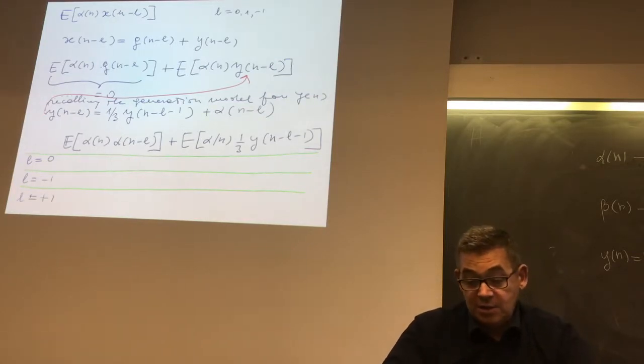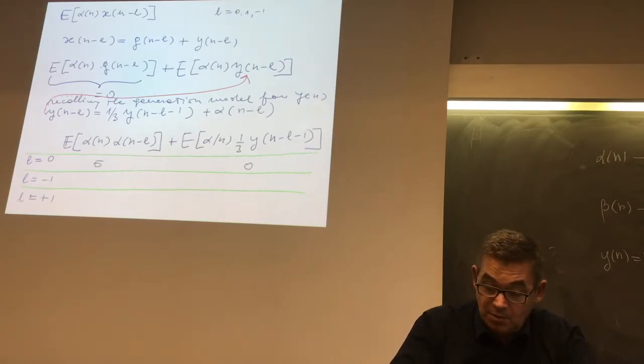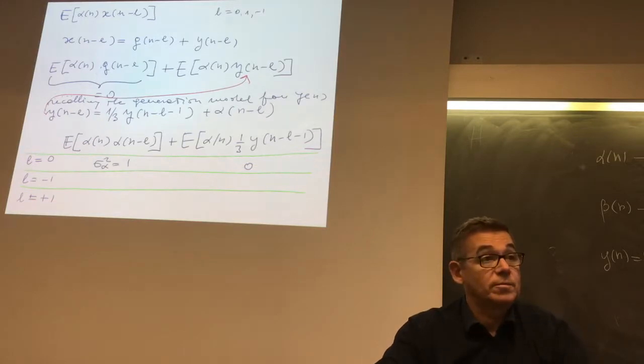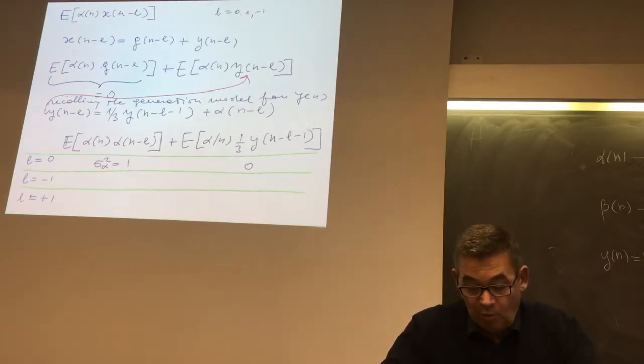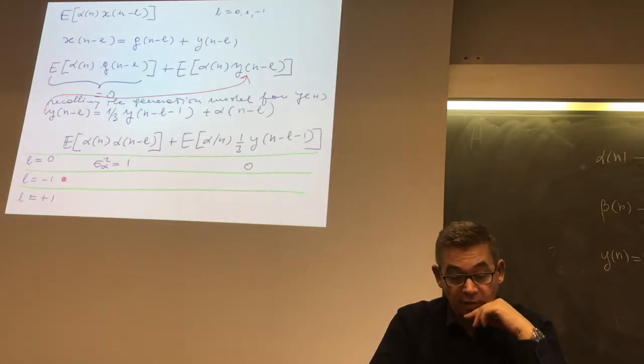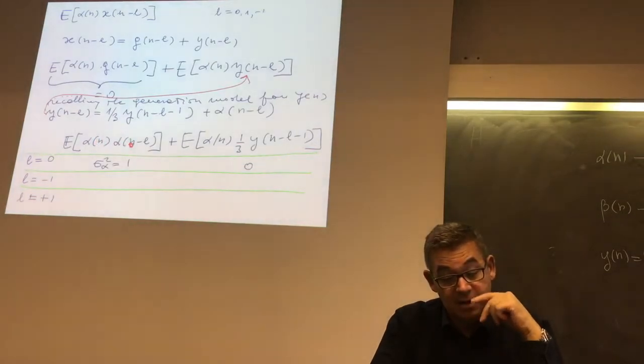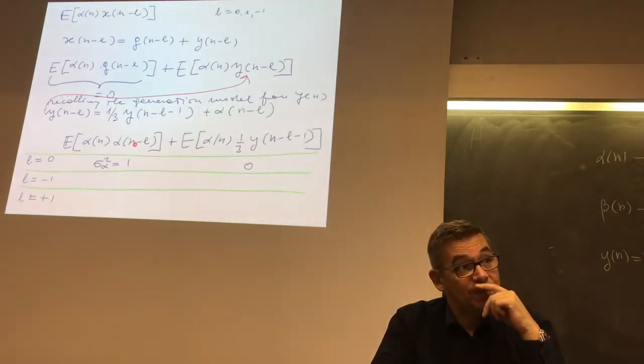So for L equals 0, this is equal to sigma square alpha, which is equal to 1. Now, what about for L equal minus 1? For L equal minus 1, I have the expectation of alpha n times alpha n minus 1, which is alpha n plus 1. This is equal to 0.